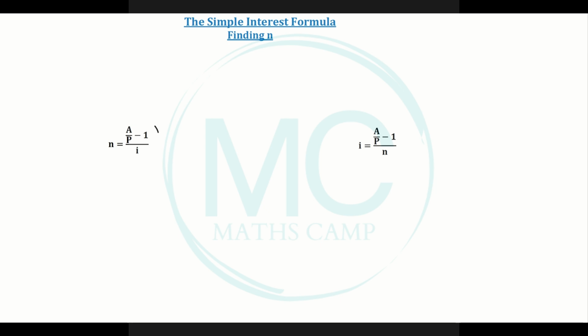Here we can see that the numerators of these fractions are exactly the same. So to solve for n, we make n the subject and we put I in the denominator. To solve for I, we make I the subject and we put n in the denominator.